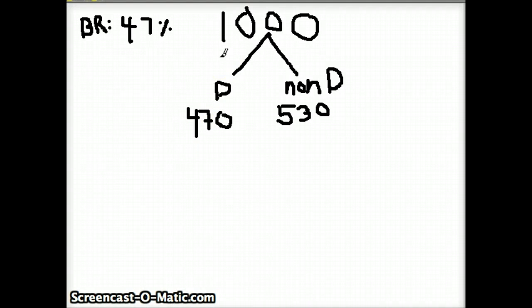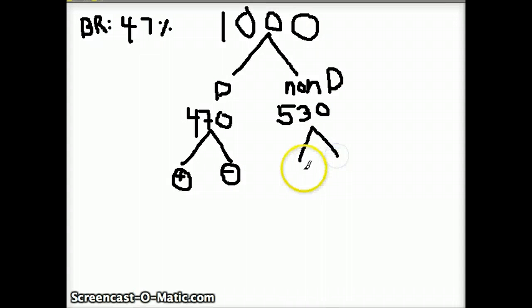All right, now, what we want to do is to divide the diseased people into those who test positive and those who test negative. And we want to do the same thing for the non-diseased people. We'll divide them too into those who test positive and those who test negative.